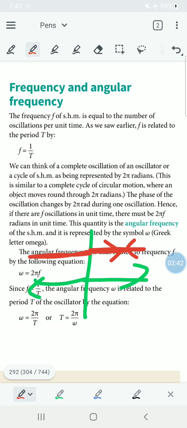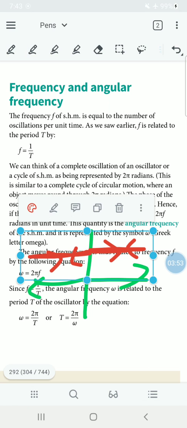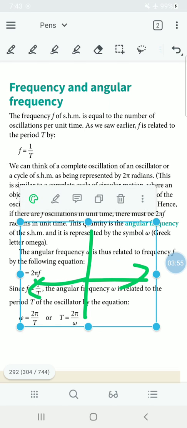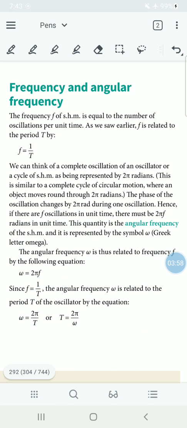So one single oscillation is equal to 2 pi rad. If there are f oscillations in unit time, there would be 2 pi f rad in that particular unit time. This is referred to as angular frequency and is denoted by omega.